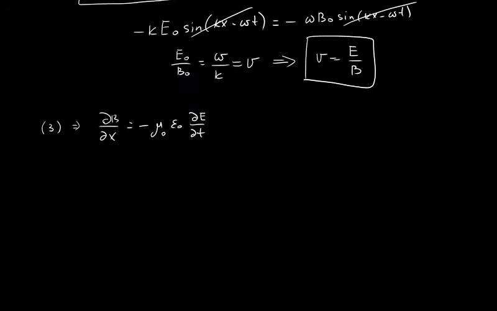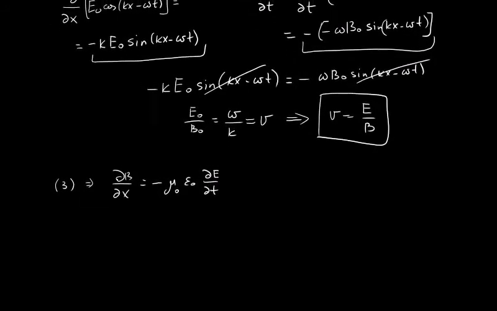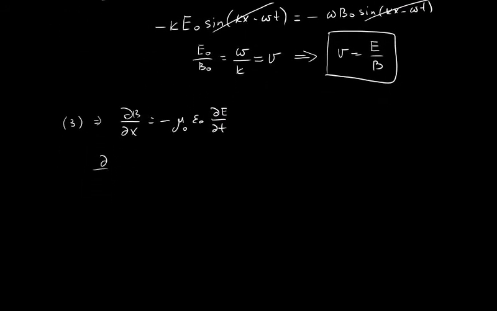If we take the derivative of B by x, that would be d/dx of B naught cosine(kx minus omega t). This is the derivative by x. Previously we took the derivative by t, and so that will give us negative k B naught sine(kx minus omega t).